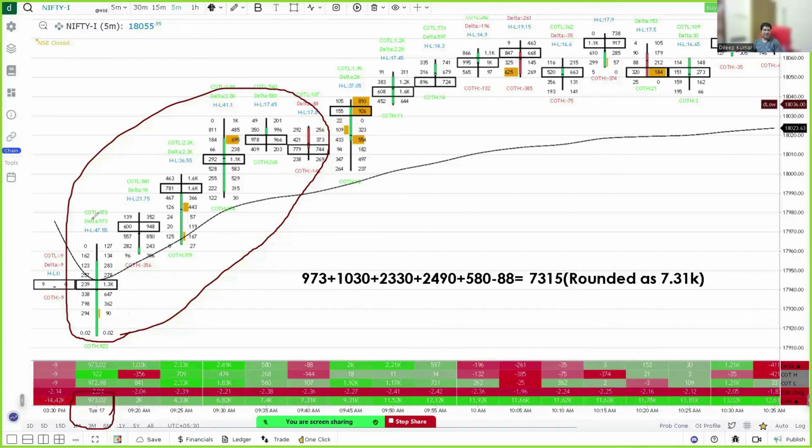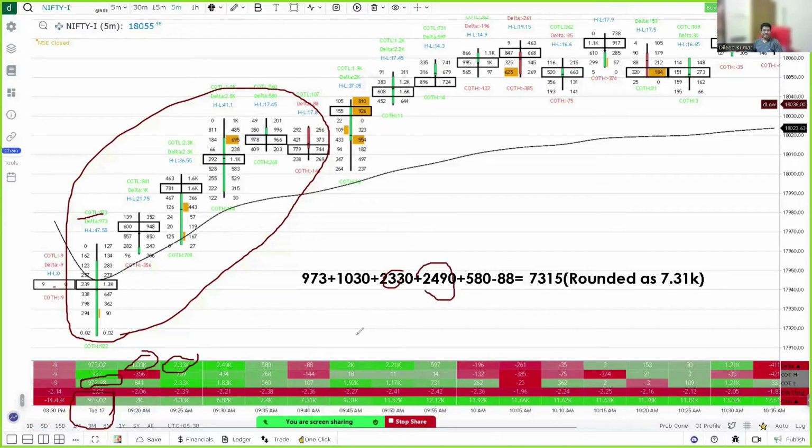So in the first we have a cart low here, cart low of 973. So this is the cart low. And we also have the delta on the second candle, 1030, which is this one. And we also have a delta of 2330, which is 2.33K.